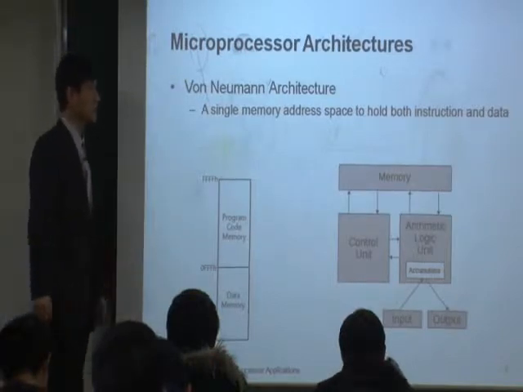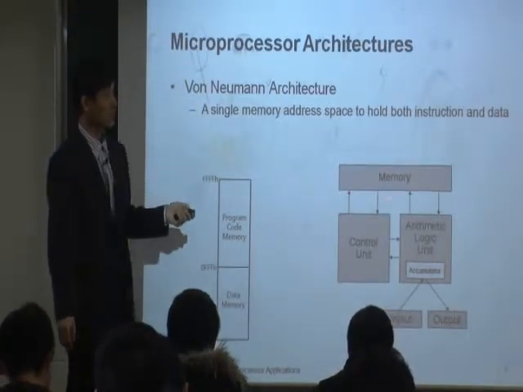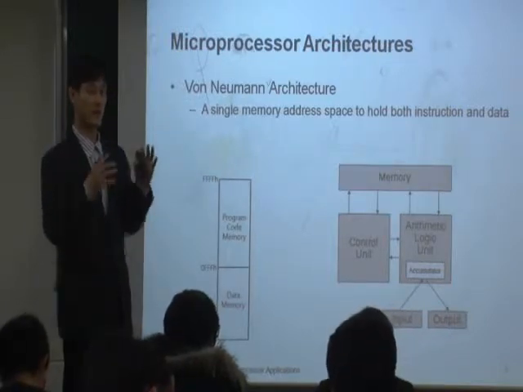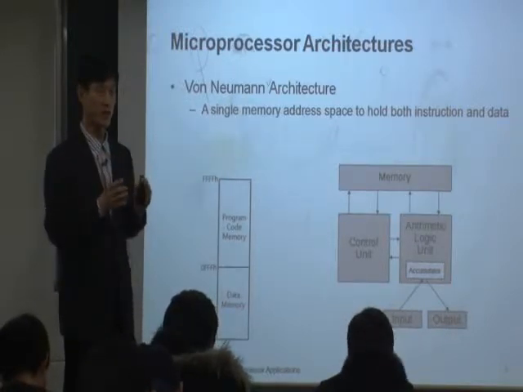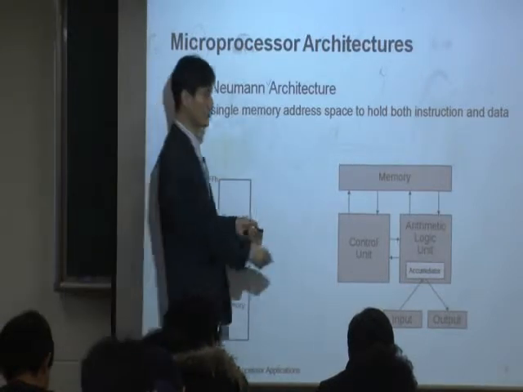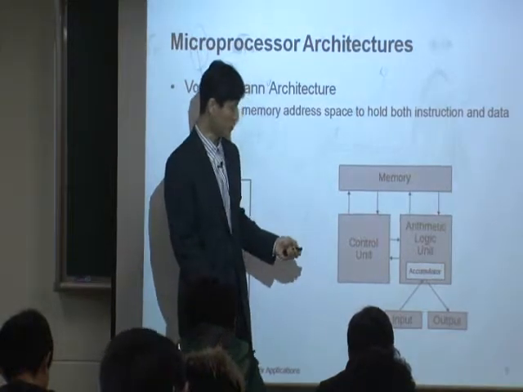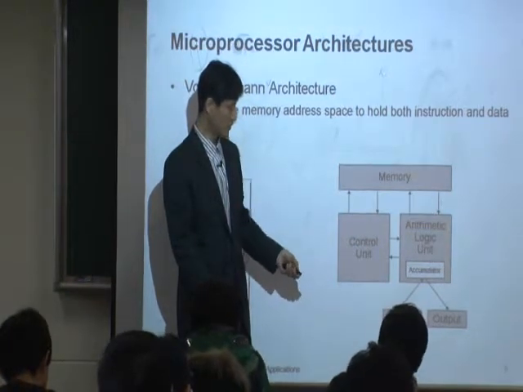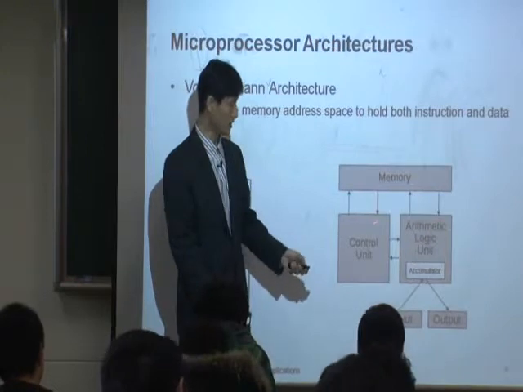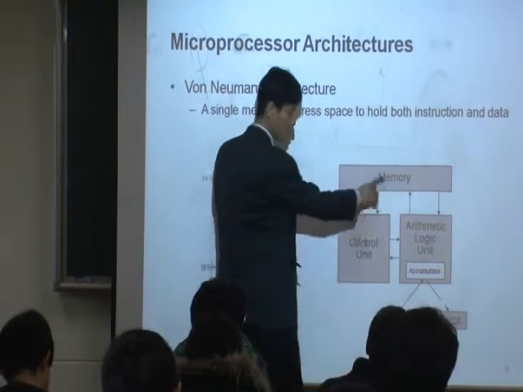Now, the other architecture is the von Neumann architecture. In this architecture, you have only one memory, physically. In hardware, you have only one memory, and definitely only one bus, one connection. In this diagram, the control unit, ALU, and input-output are the microprocessor. Inside the microprocessor, this is a bus.